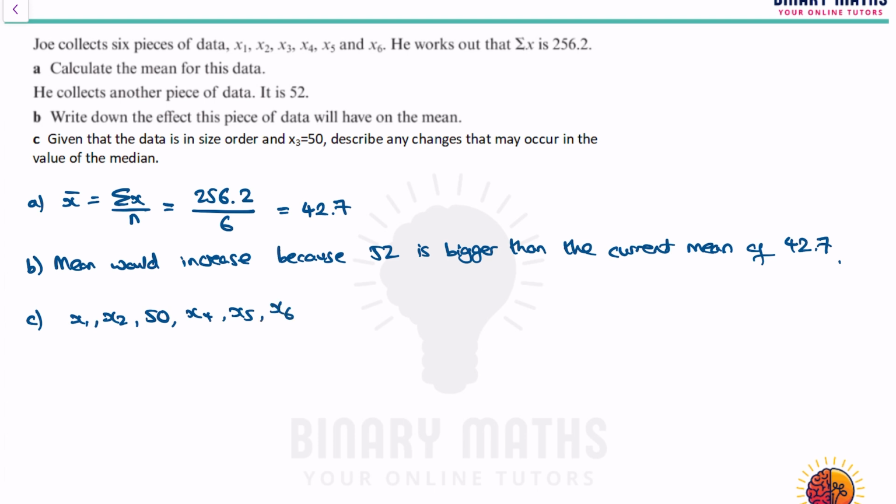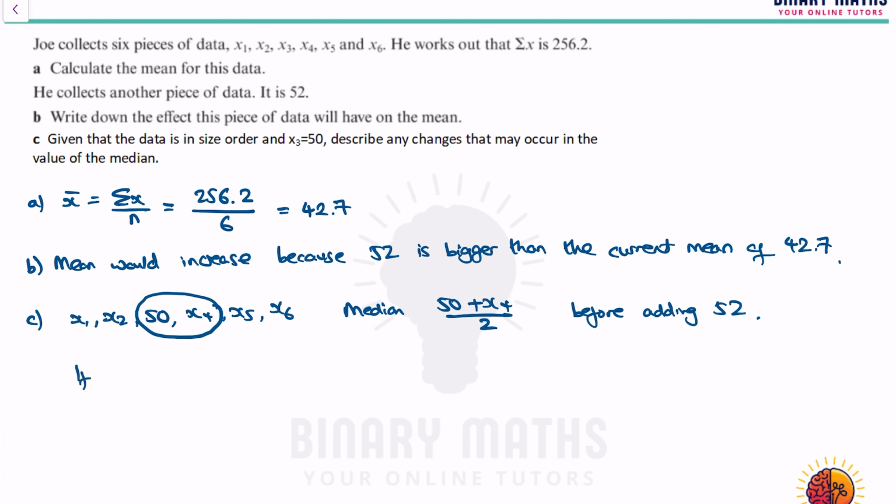And in this case, the middle two numbers are 50 and x4, so the median will be 50 plus x4, divided by 2. So this is before adding 52.